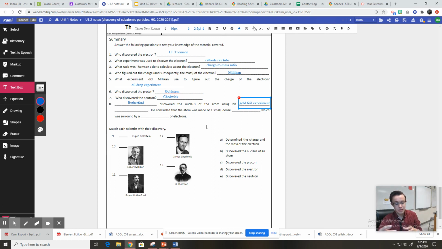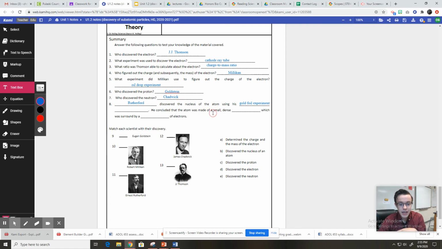If the atoms really didn't have a nucleus and the protons were just floating around, then the particles would just go straight through and never hit anything. But what he discovered is that they were hitting something solid in the middle of the atoms and bouncing off. He discovered that there's actually something really heavy and dense at the middle of every single atom, and that is the nucleus of the atom that you now know about and just take for granted, but he's the one who discovered it.